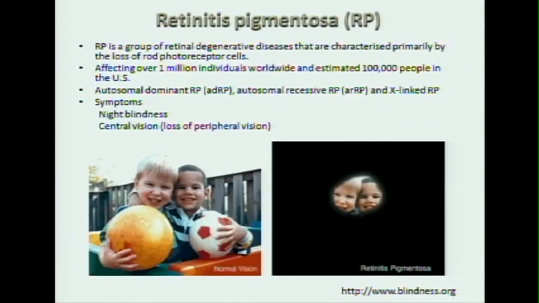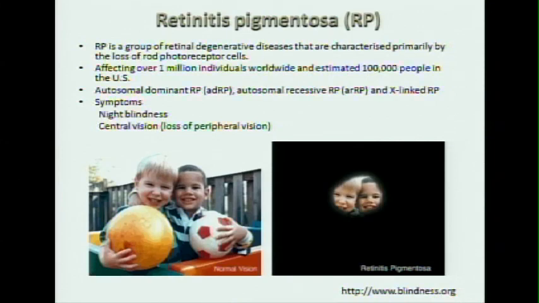Retinitis pigmentosa is a group of retinal degenerative diseases characterized primarily by the loss of rod photoreceptor cells, and it affects over 1 million individuals in the world and an estimated 100,000 people in the United States.